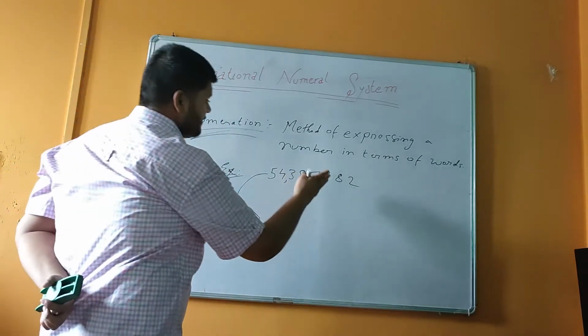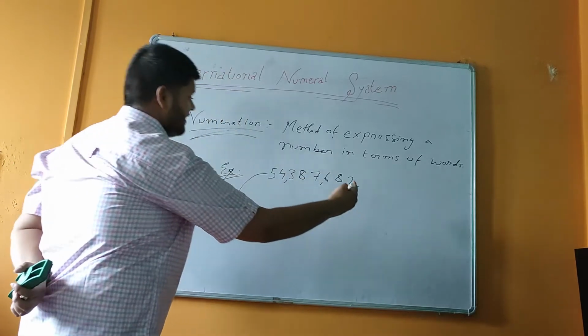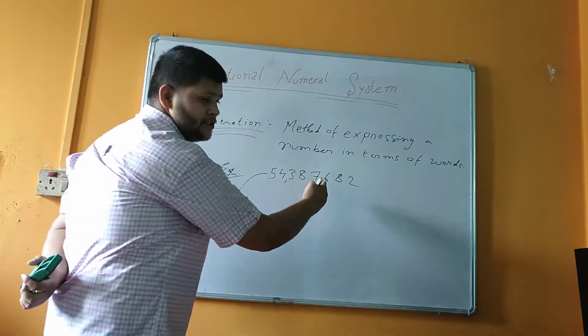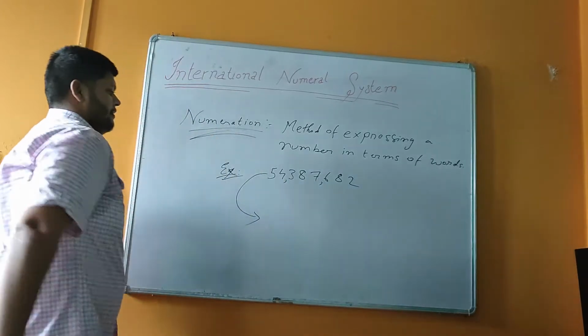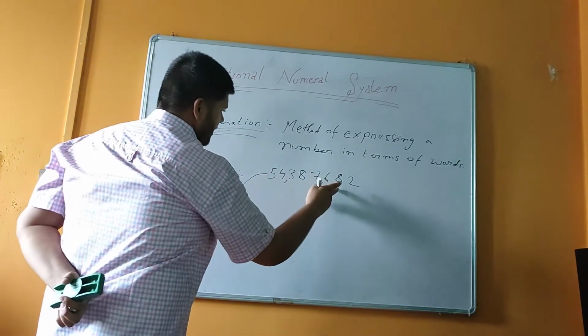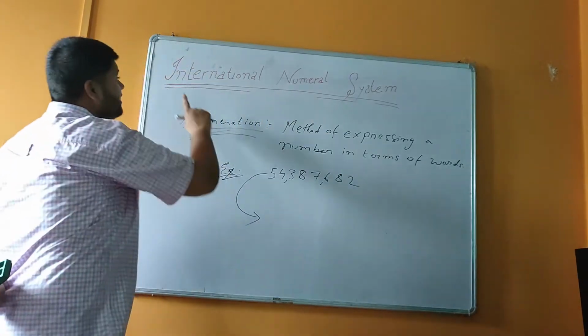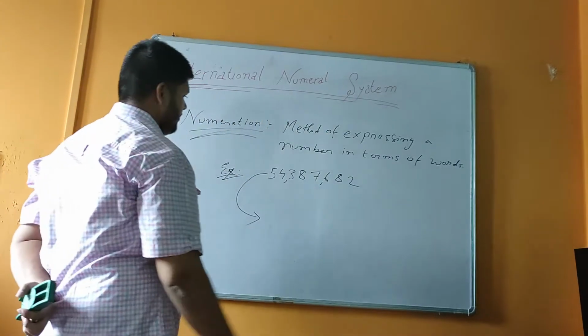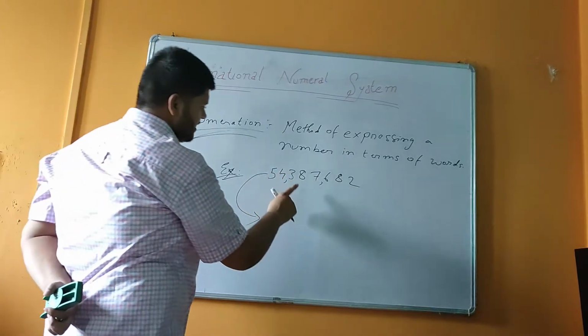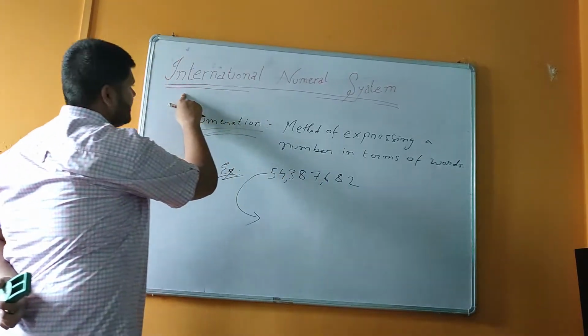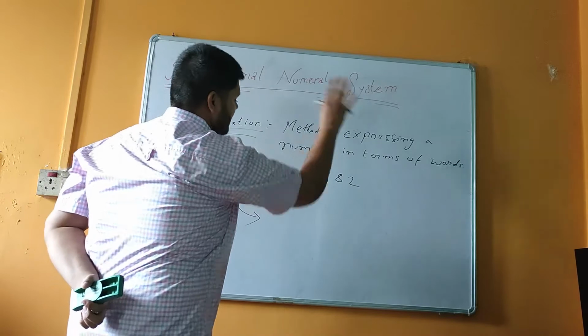That means every time, from the rightmost side, you have to separate three digits by a comma. Then we can say this number is falling into the category of the international numeral system.